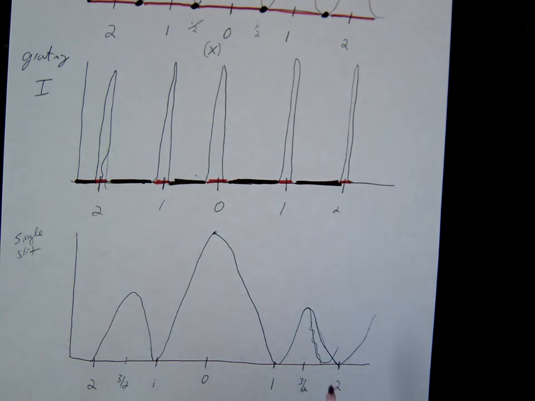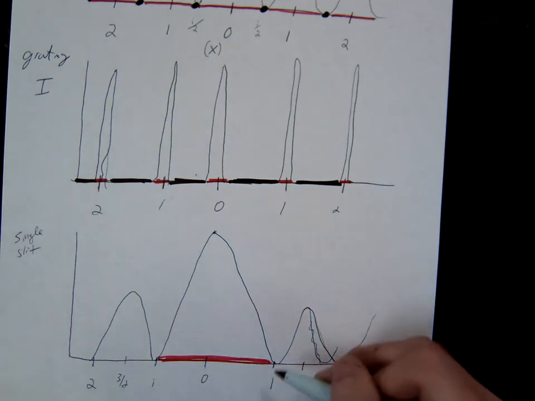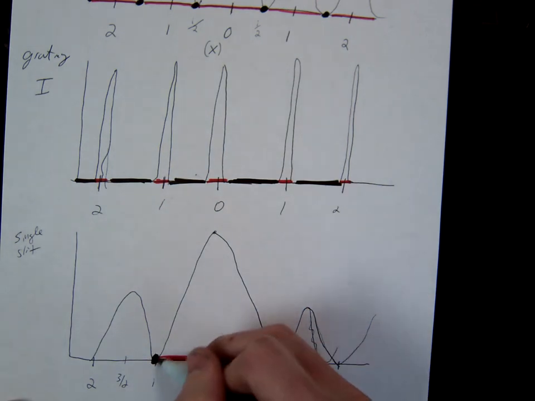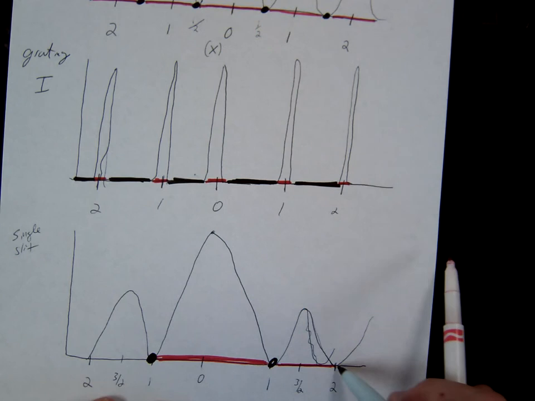Okay, so when you do this out, and you will look at this tomorrow, notice that you have this big bright band in the middle, and then you get your dark spot, and then you have another band of light, and then a dark spot, and so forth.